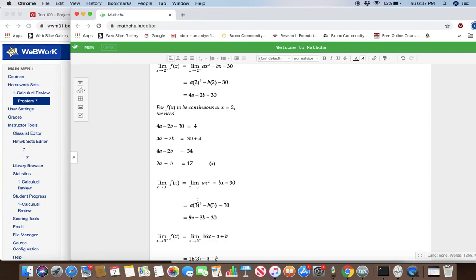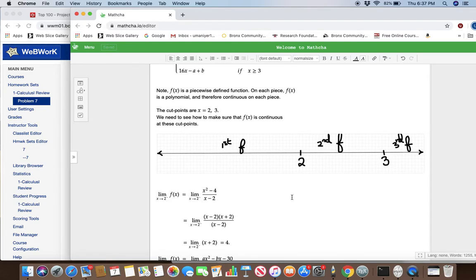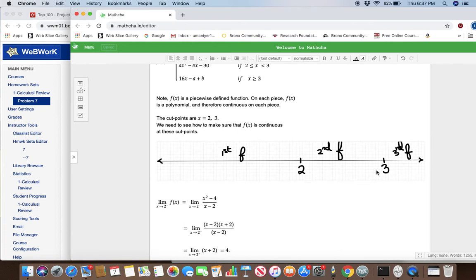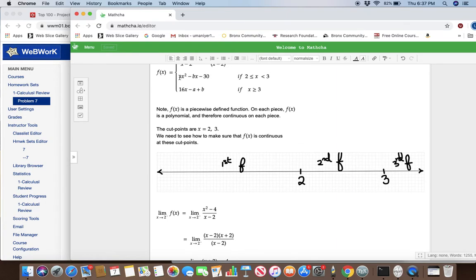Plugging in 3, I get 9a minus 3b minus 30. When I'm to the left of 3 but near 3, I am in this expression, whereas when I'm to the right of 3, I have to use this other expression.